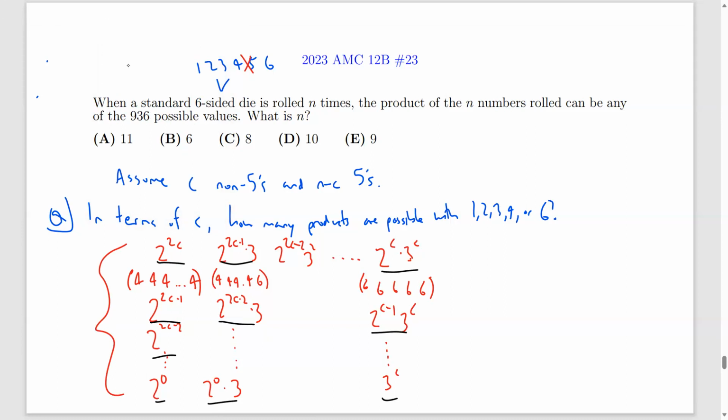So I just need to count the number of products in this table.